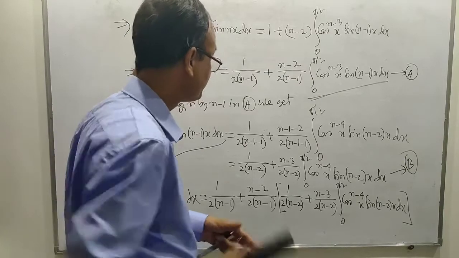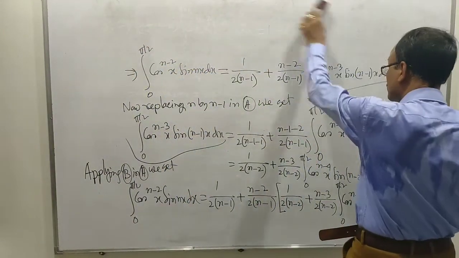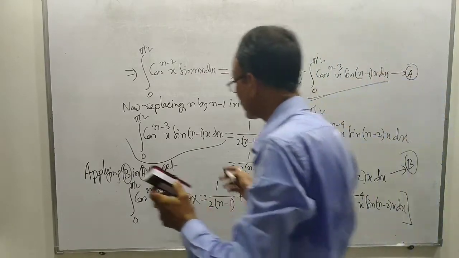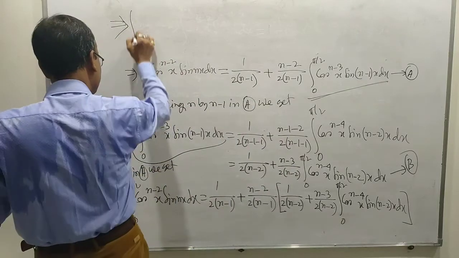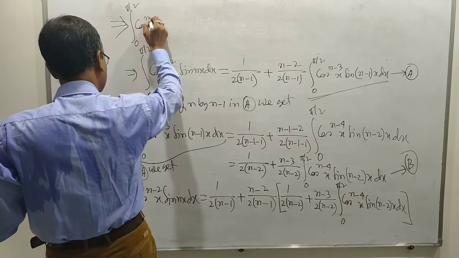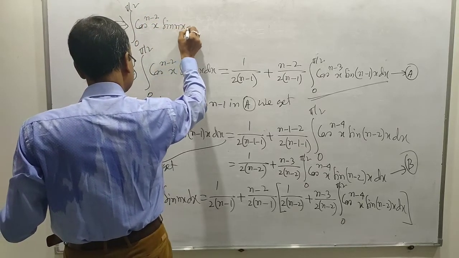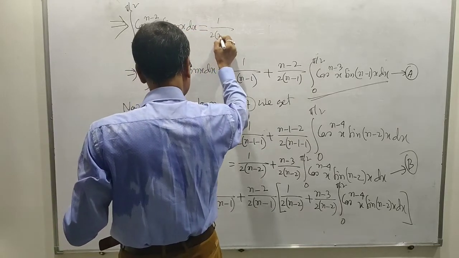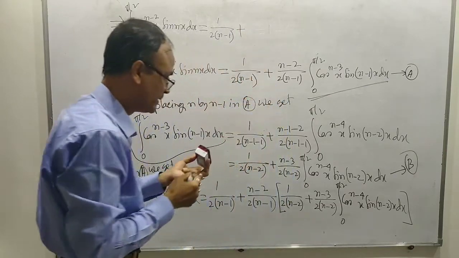This means, what does it indicate? You see, this means integral 0 to pi by 2 cos to the power n minus 2 x sin nx equals 1 by 2 times of (n minus 1) plus, what will be the next term?